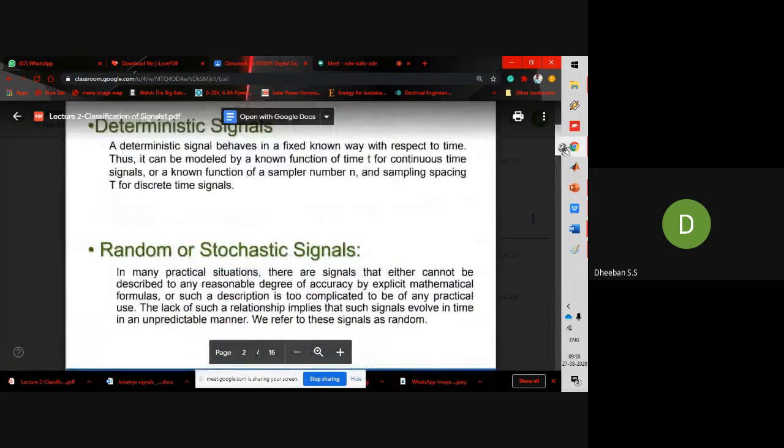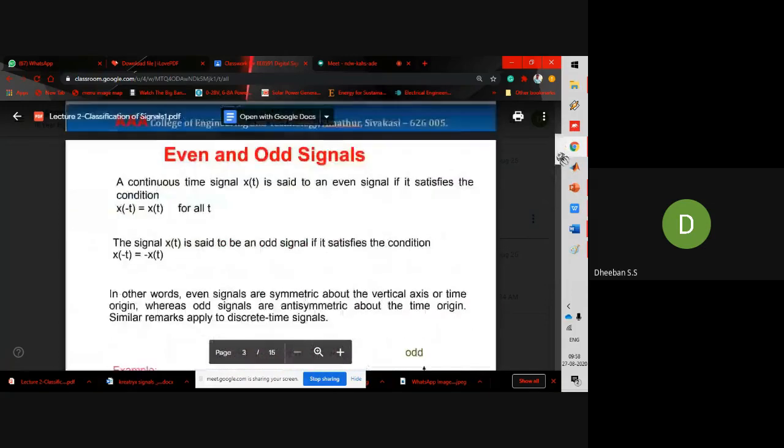We have seen deterministic and random. Next is the even signal and odd signal. Now we'll be talking with respect to the continuous signal itself.